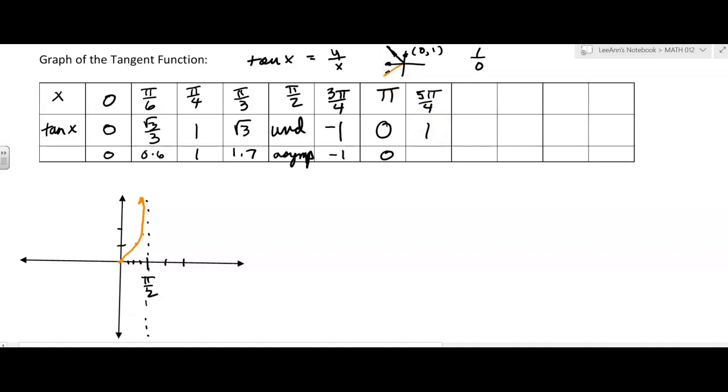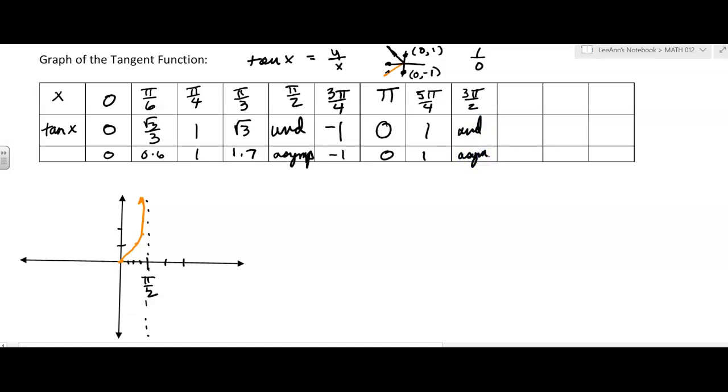And so it's going to be negative square root 2 over 2 over negative square root 2 over 2, which is going to be 1. Okay? And then you'll get to the next quadrantal angle over here, but that's going to be the point 0, negative 1, and so the tangent's going to be undefined. Now that's at 3 pi over 2, and this is going to be undefined. So we're going to get another vertical asymptote.